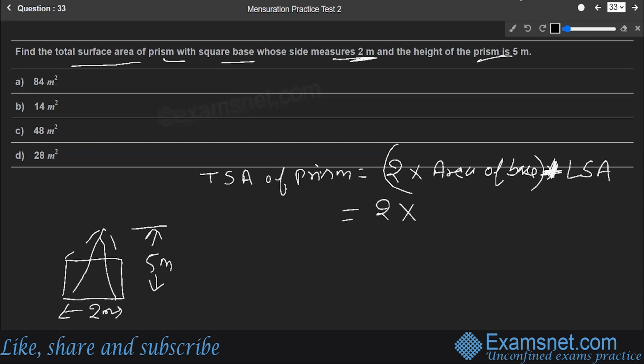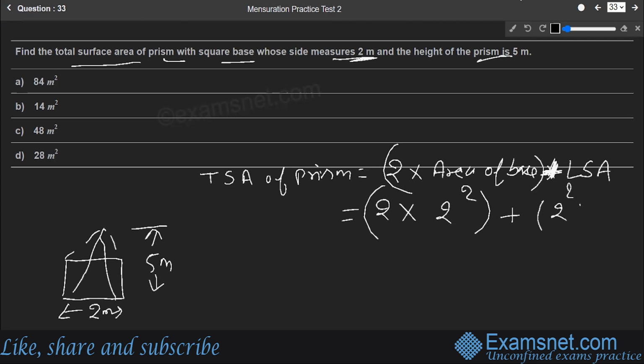Base of this particular prism is a square where the side is given as 2. So it has to be twice 2 square, that is the twice of the area of the base, plus the lateral surface area.